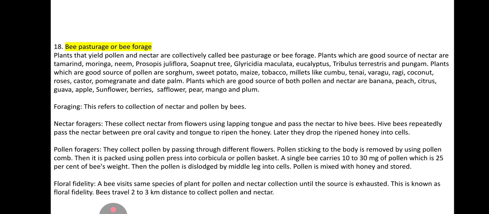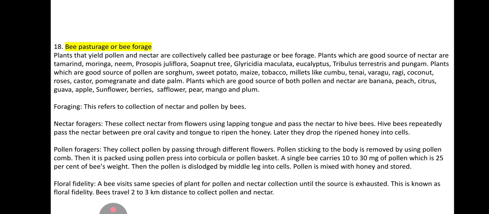Plants which are a good source of nectar are tamarind, moringa, neem, Prosopis juliflora, then soapnut tree, Gliricidia maculata, eucalyptus, Tribulus terrestris and pungam.